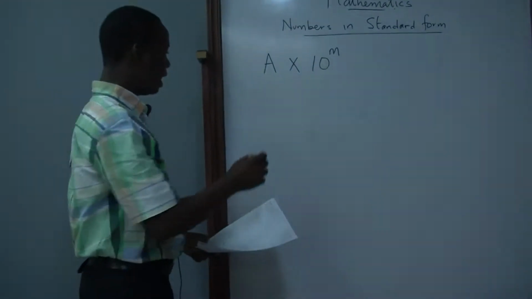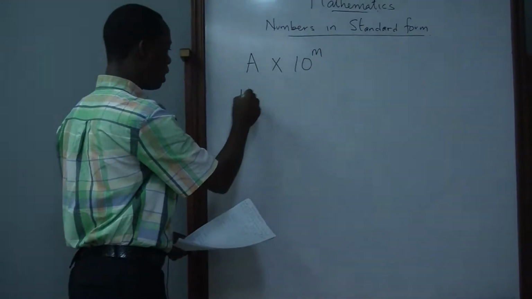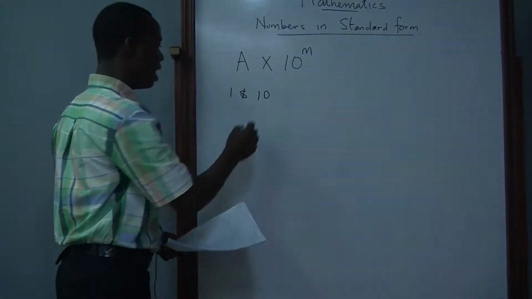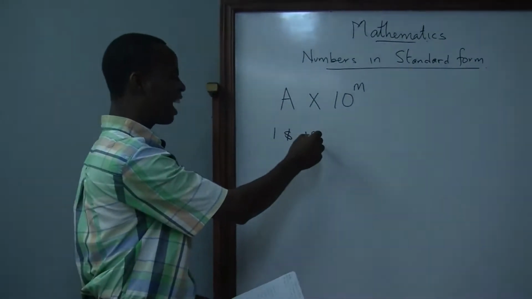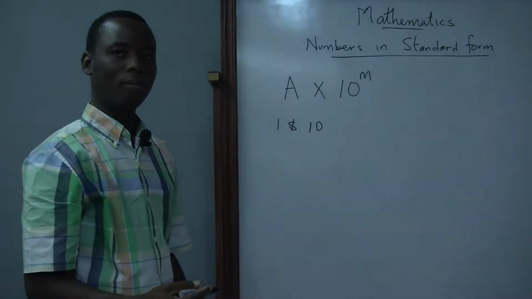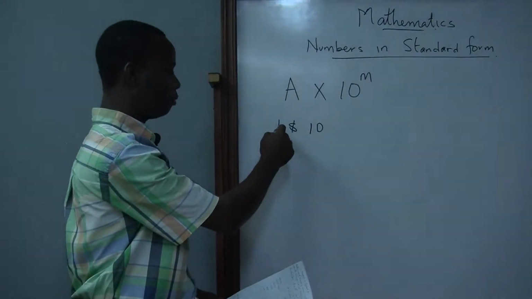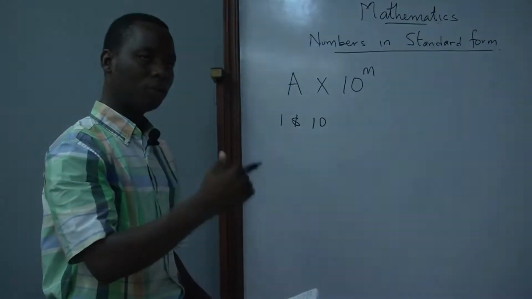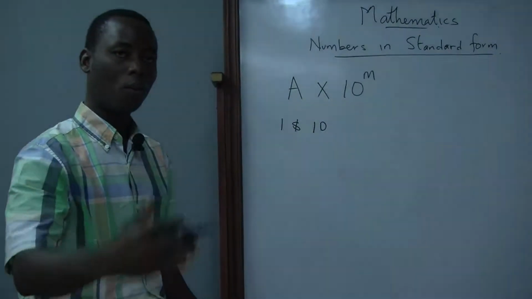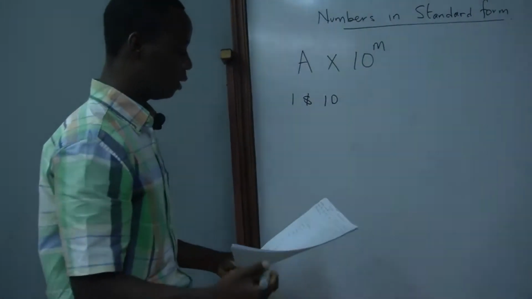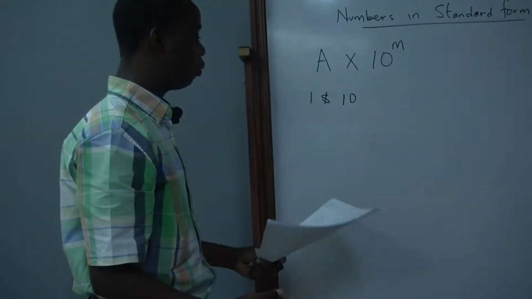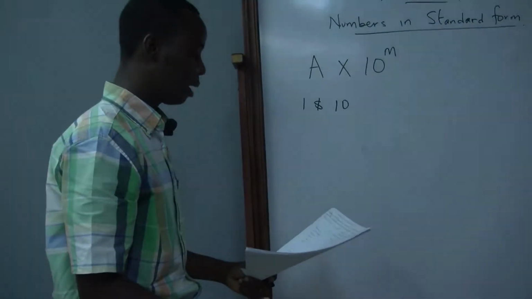A can be equal to or greater than 1, but A cannot be equal to 10. Now let's see how we can manage what we have here.